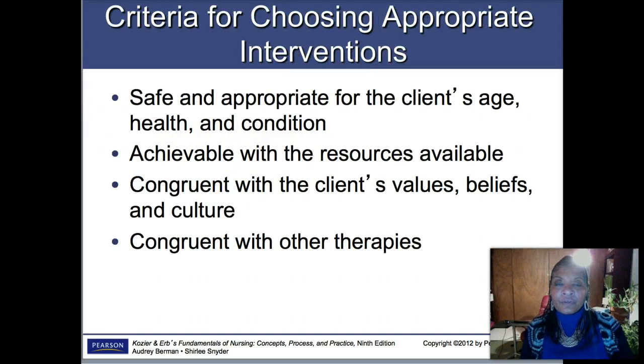And the criteria for choosing appropriate interventions are to be safe, achievable, and congruent with the patient's beliefs and other therapies. So I'm not going to ask an 80-year-old to run 5 miles with pneumonia. I'm not going to expect a patient with arthritis who has chronic pain to necessarily be pain free. I might want them to have a pain level that's manageable for them to maintain their activities of daily living and be able to go back into their homes.